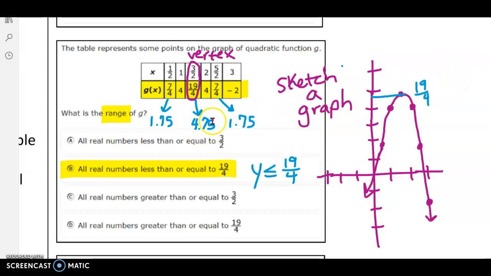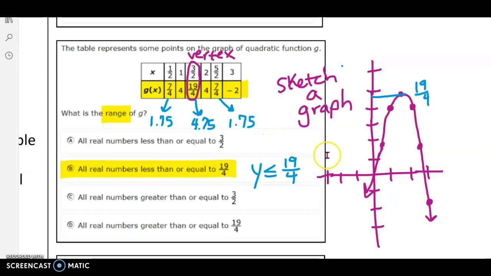So 4.75 was the highest it went, otherwise known as 19/4. And I drew a sketch of it as well, and I could see that the highest it went was 19/4. And so my graph, my range, which is what it's asking for, the y's, are less than or equal to 19/4 because they're below 19/4.